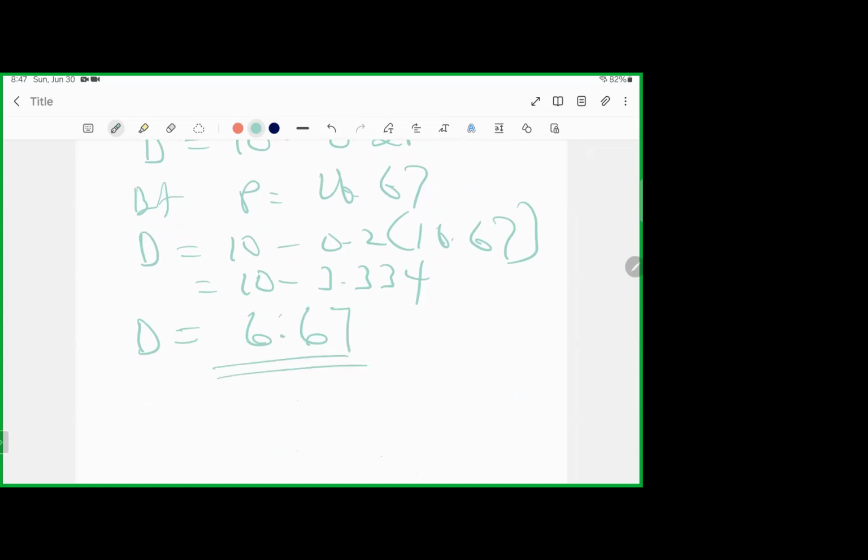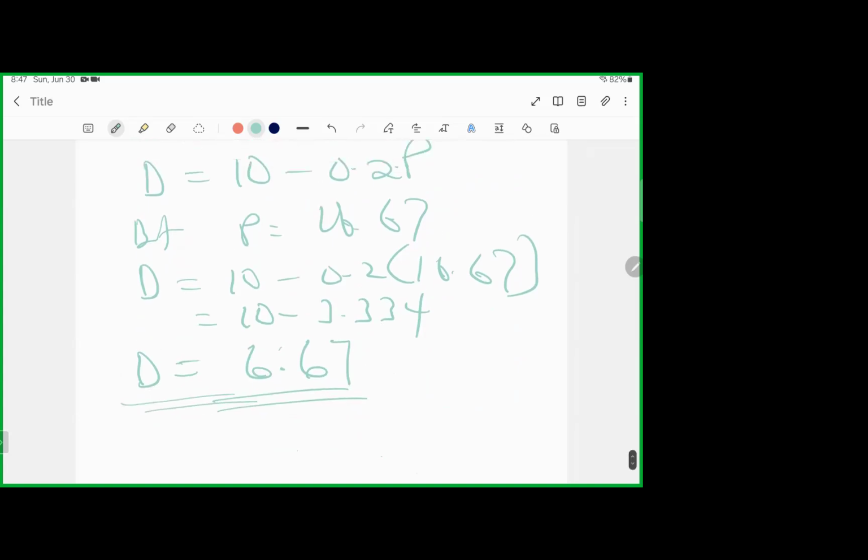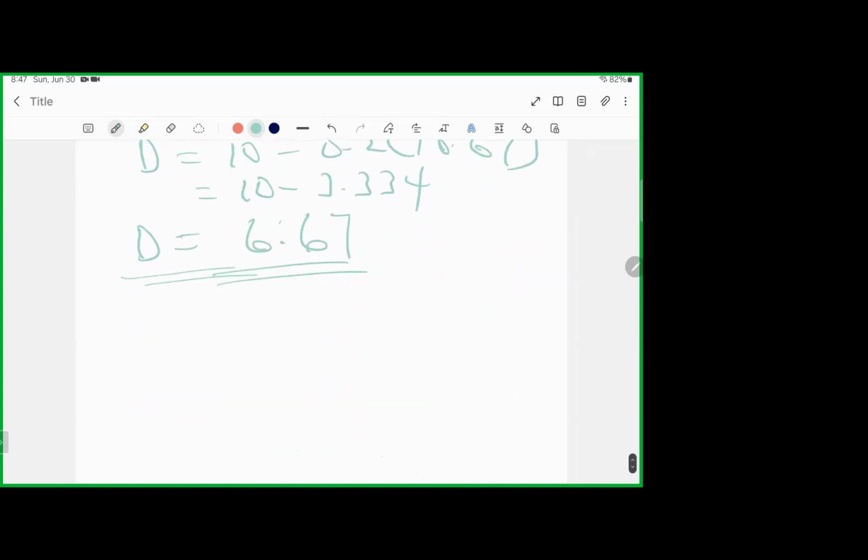So this will be the demand. So this is the quantity demanded, and this will be the price. So therefore, our equilibrium price would be what? 16.67, and our equilibrium quantity is what? 6.67.